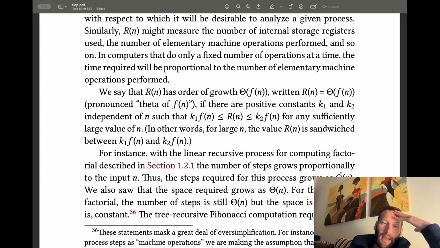We say that R(n) has order of growth. I don't remember how that Greek letter is called. Maybe it's omega. Oh no, it's theta.